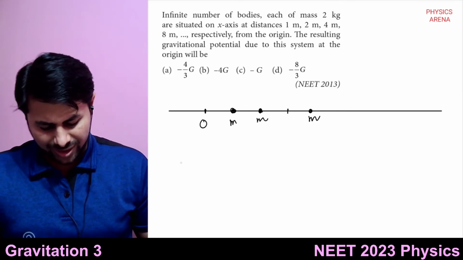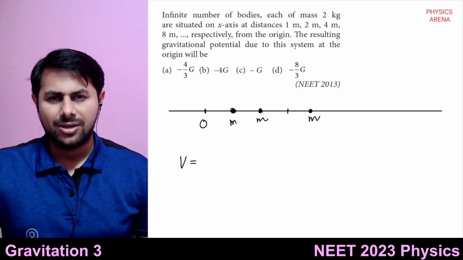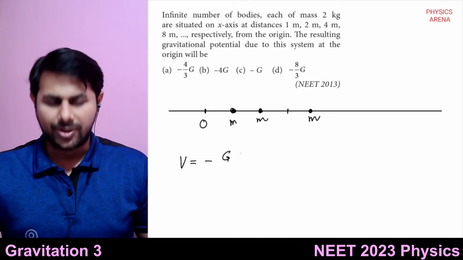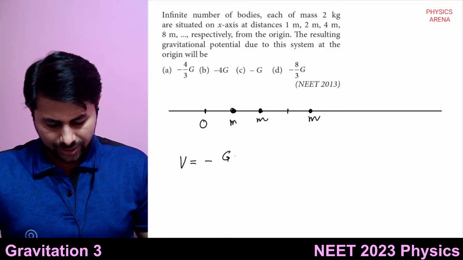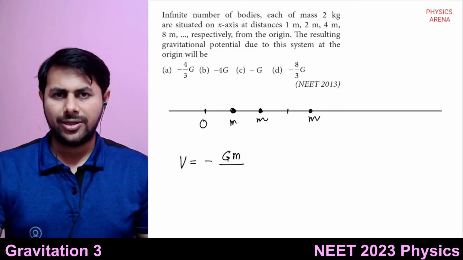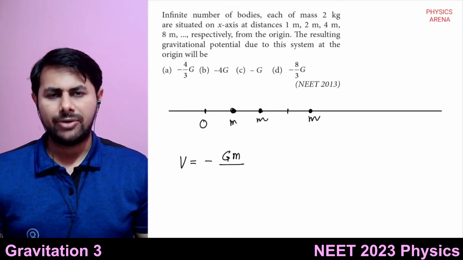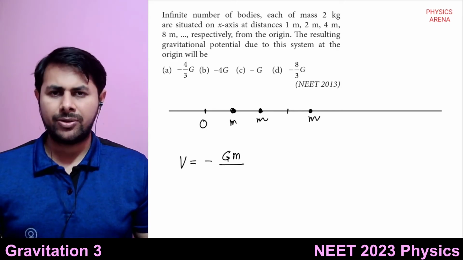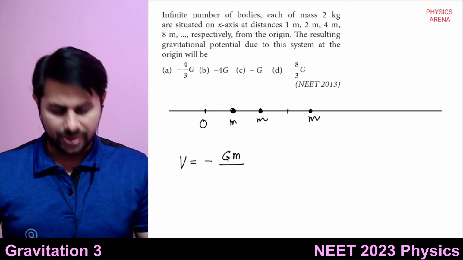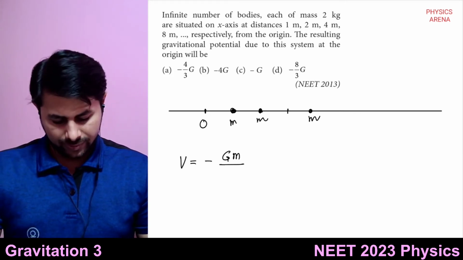So this is a good question. What is gravitational potential? Minus of G multiplied by M upon R. If there are n number of bodies, the net gravitational potential will be equal to the sum of the gravitational potential due to all of those bodies.